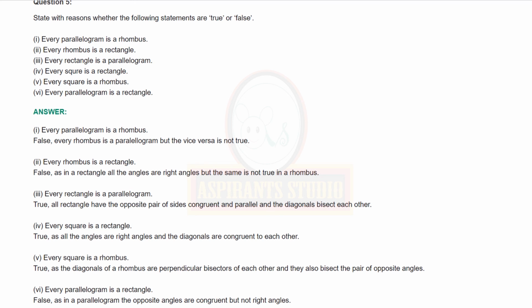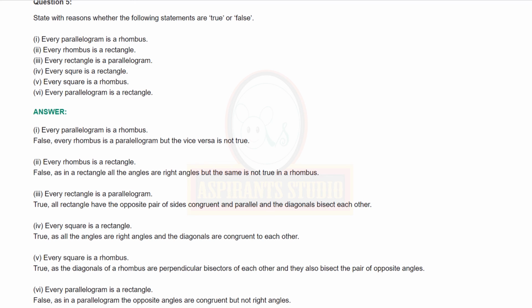Every square is a rectangle. True. As all the angles are right angles and the diagonals are congruent to each other. These are the properties which come under a rectangle also. So every square is a rectangle. Now coming to the fifth one, every square is a rhombus.